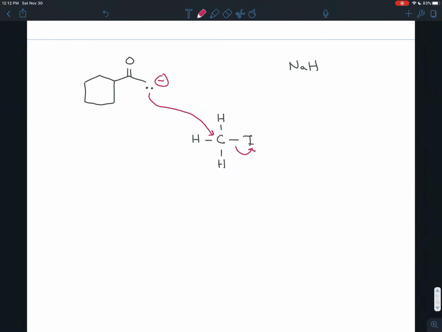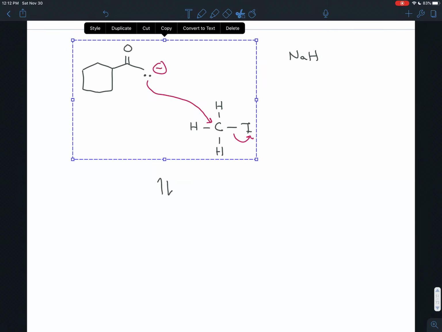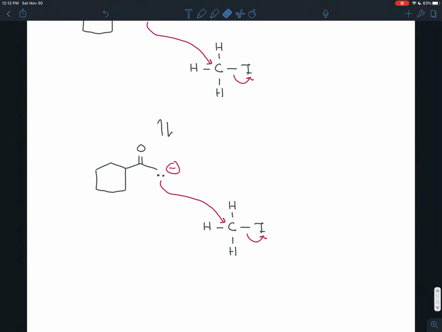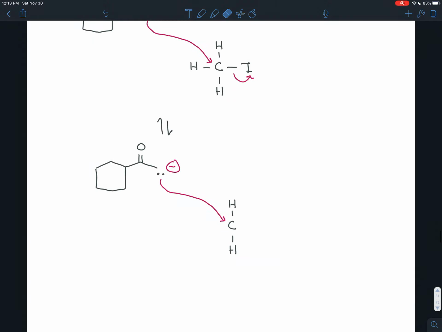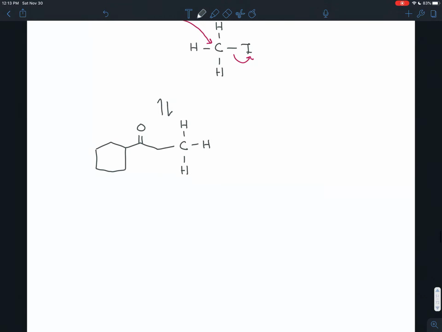And so what you end up with, I'll draw this first in a way that looks more similar, but then in a more standard way. So let's move this one hydrogen over. And these electrons here are going to make a new bond from that alpha carbon to this carbon here.